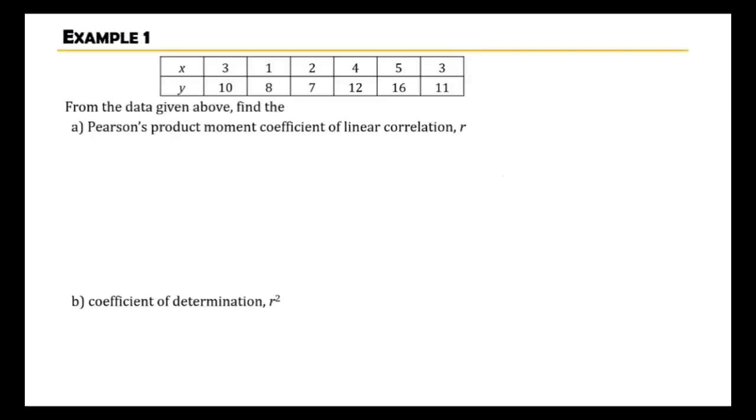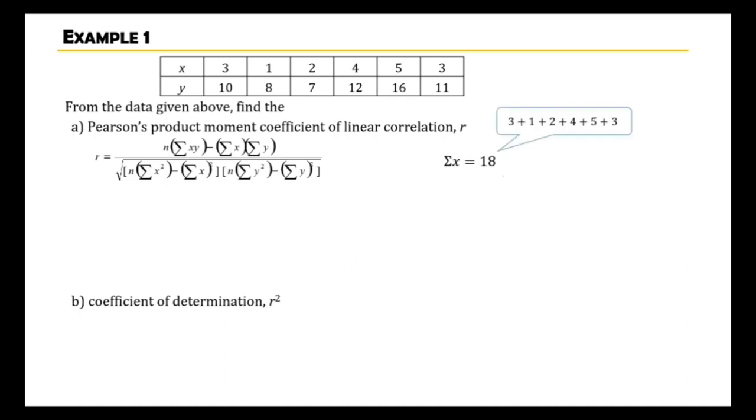Example 1. From the data given above, find the Pearson's product moment coefficient of linear correlation R. R is given by this formula, and we need to find every value in this formula. So total of x equals 18, where the total of x is 3 plus 1 plus 2 plus 4 plus 5 and the last one, plus 3. And the total of x squared is the sum of the squares of x, 3 squared plus 1 squared and so on, equal to 64.